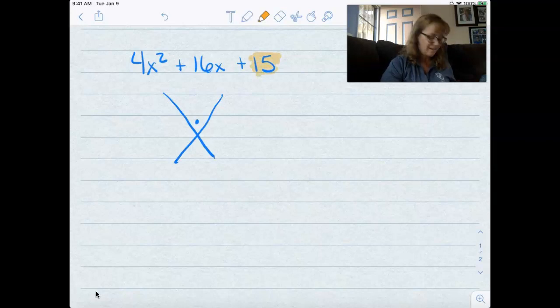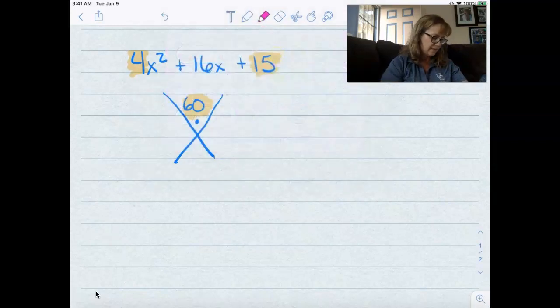Well, that's because we assumed that that number was a 1, and anything times 1 is just itself. But now that this is a 4 instead of a 1, we have to multiply them together to find out what goes here. So 4 times 15 would be 60.